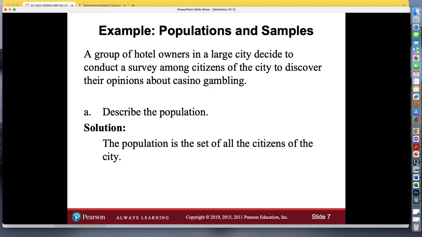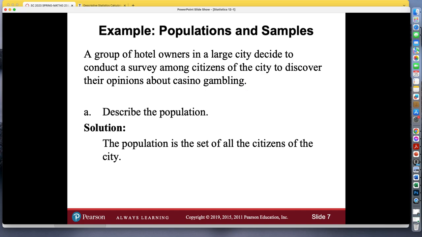Okay, so if we want to get a feeling for how a population feels about something, we need to know what the population is, right? So the example we're given is a group of hotel owners in a large city decide to conduct a survey among citizens of the city to discover their opinions about casino gambling. So who's the population?